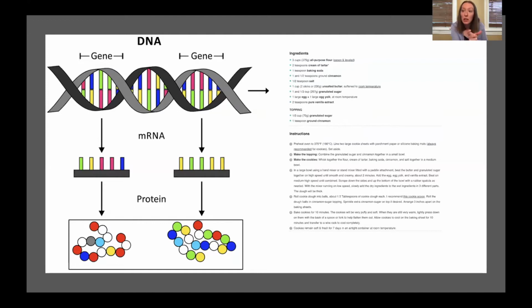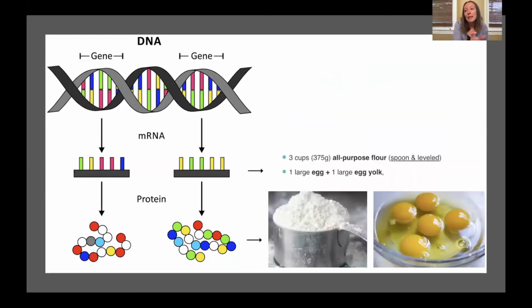If you have a gene, gene A might be the instructions to make flour, and gene B might be the instructions to make eggs. So each gene is a different instruction for one of the things that are needed to ultimately make up all of the organism, or in this case, all of the cookie.